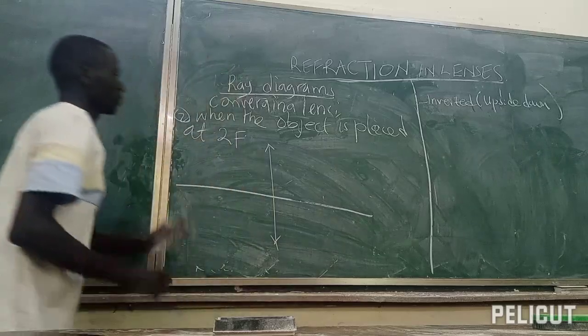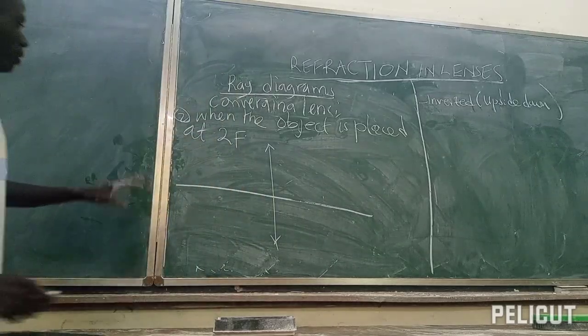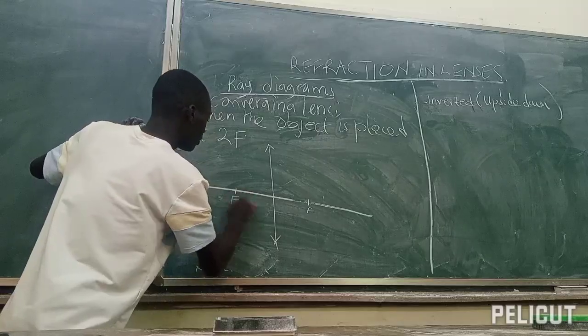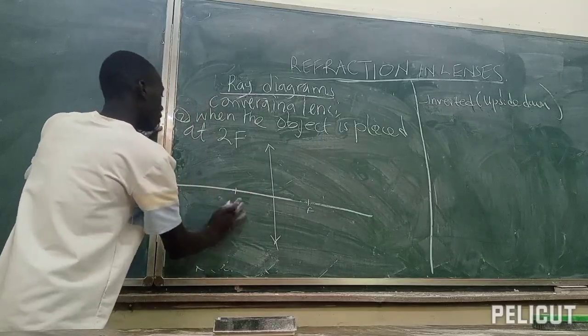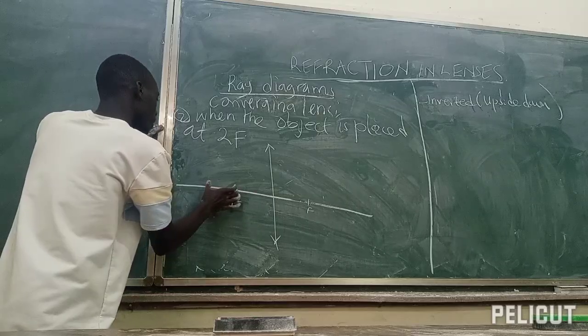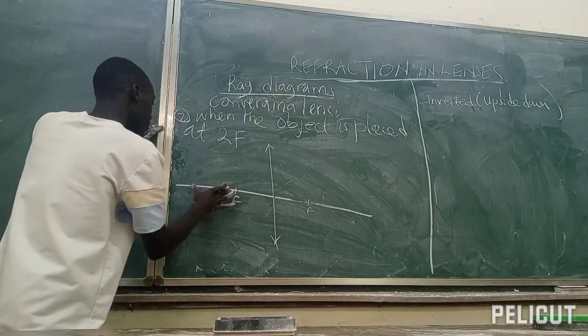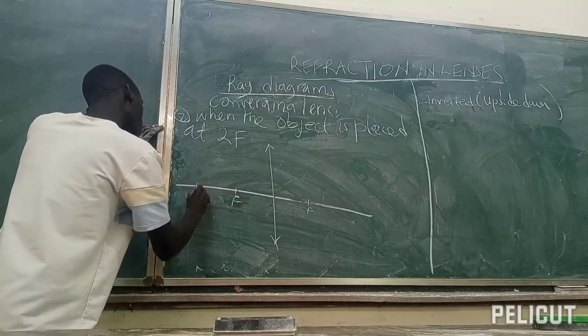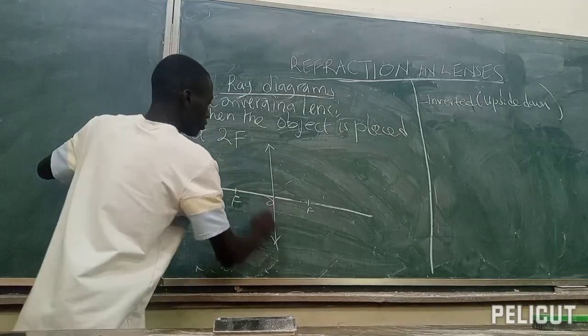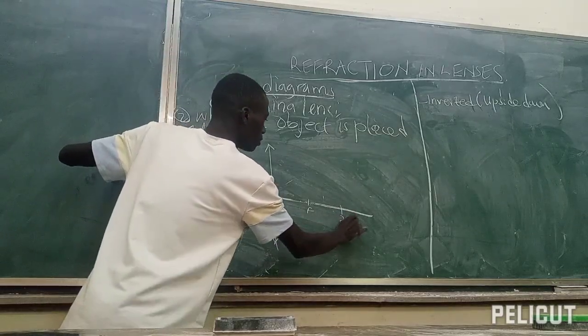Okay? So when you look at this one here, if this is my F, so 2F means you're doubling F. So if this is F, 2F, this distance here must be the same as this one to make it 2F. So that's my 2F. Then this optical center. In this case also 2F.